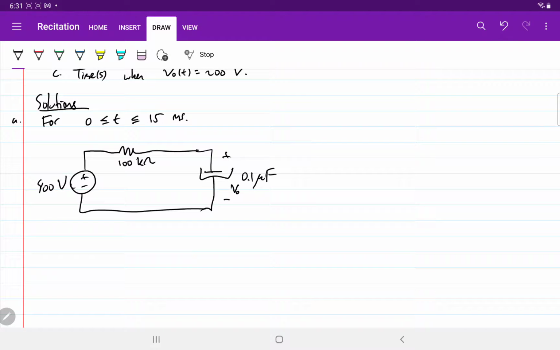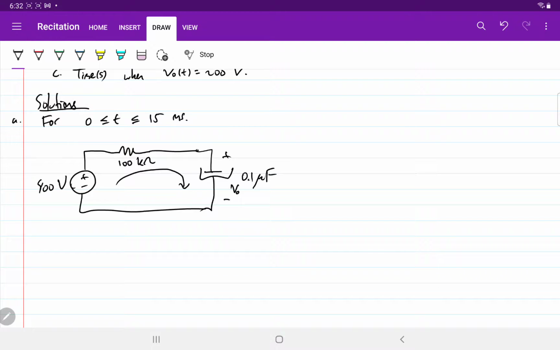So let's use KVL here, right? Since we know that the capacitor doesn't hold charge before, and we have a voltage source, when we have this circuit, this voltage source would charge the capacitor. That's why we have the current in the clockwise direction, because this voltage source is charging this capacitor.